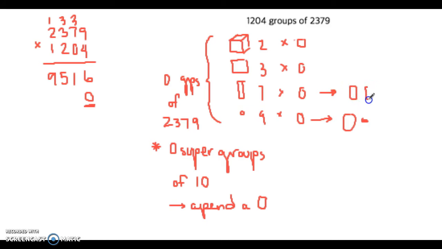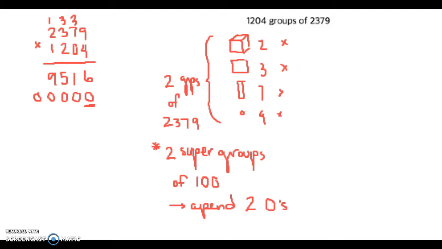And for 0 cubes, we're going to get 0 cubes. So add all of those up, and we get 0, 0, 0, and 0. Easy peasy. Let's move on to the next group.